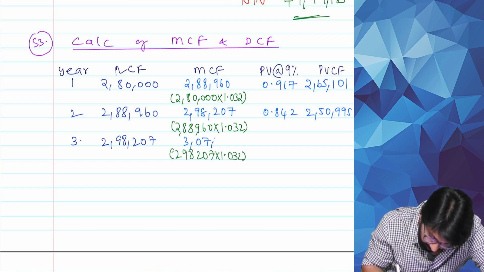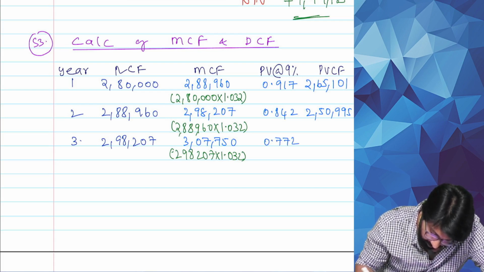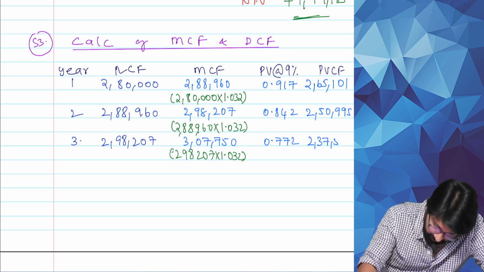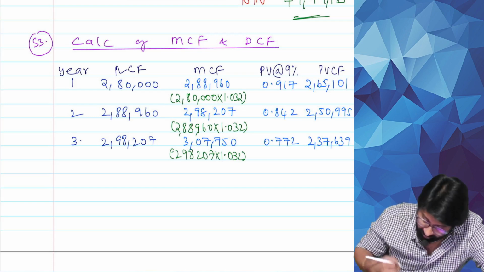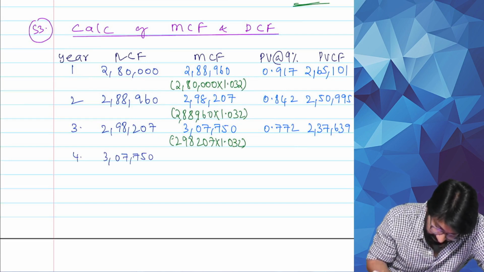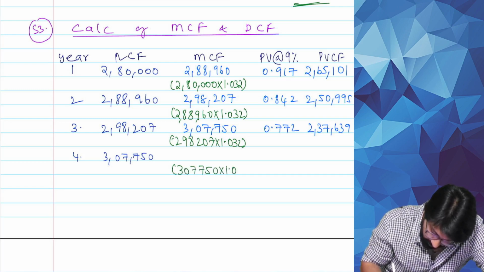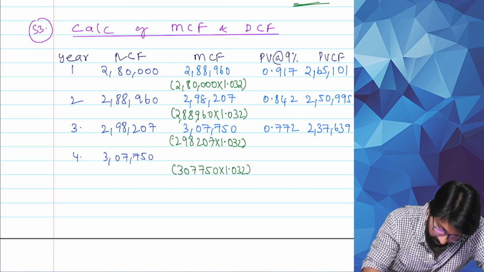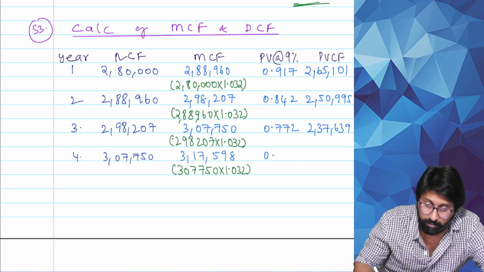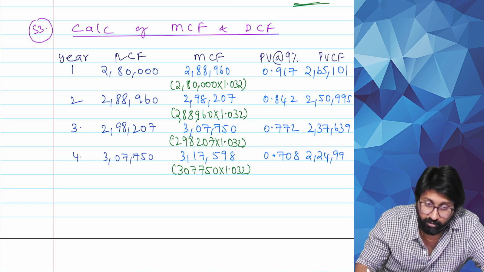PV factor. 3,07,750. Till the value. 59,708.